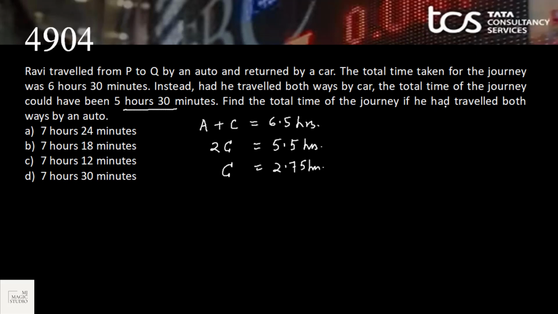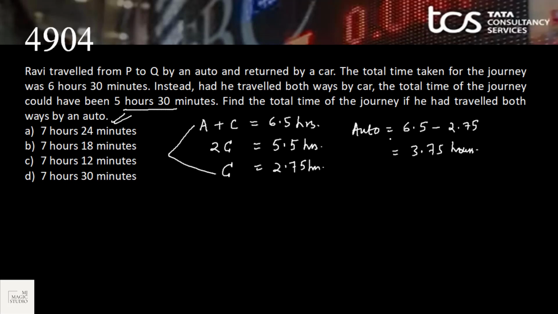Find the total time of the journey if he had traveled both ways by an auto. Now we can use simple algebraic equations. Time by auto, one side, is 6.5 minus 2.75. That will give 3.75 hours.